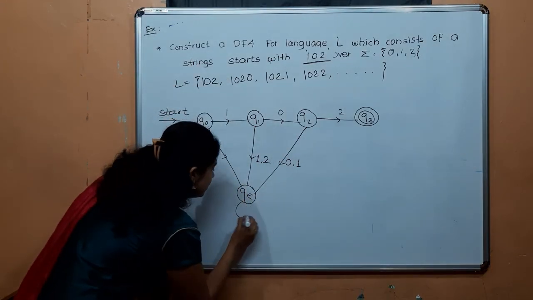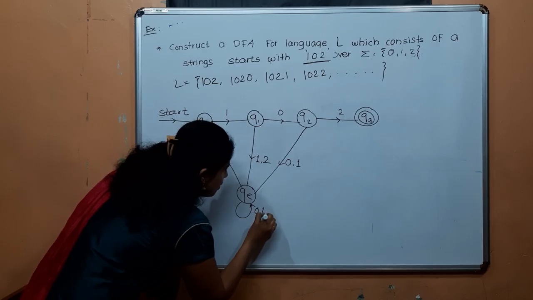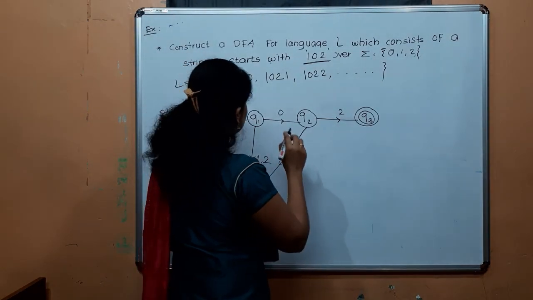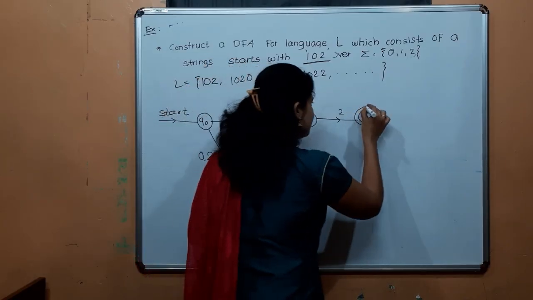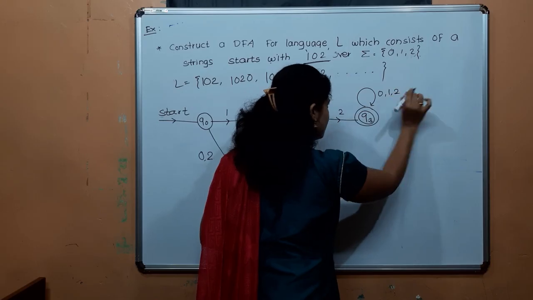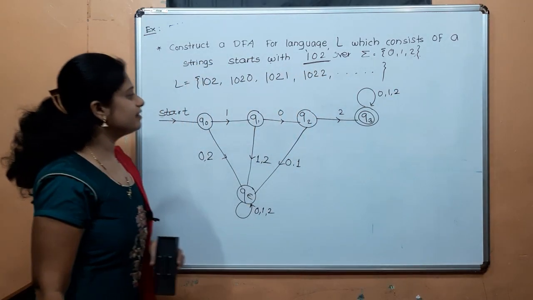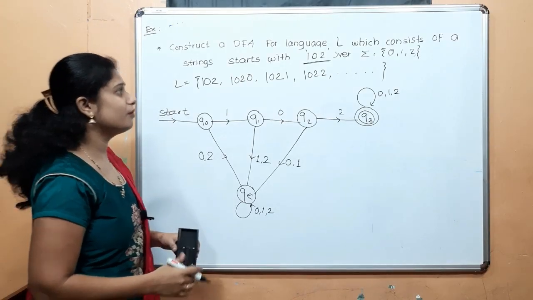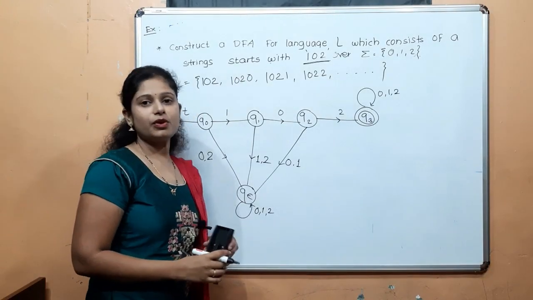Now we can write 0, 1, 2 here. Now see Q3: if the string starts with 1 0 2, then it ends with either 0 or 1 or 2. Okay, this is the transition diagram of a string that starts with 1 0 2 over 0, 1, 2.